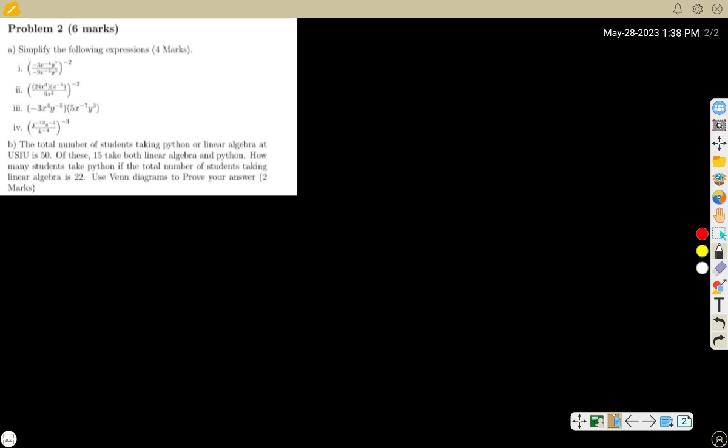So we have (−3x^(−4)y^7 / 9x^(−2)y^3) everything raised to power −2.